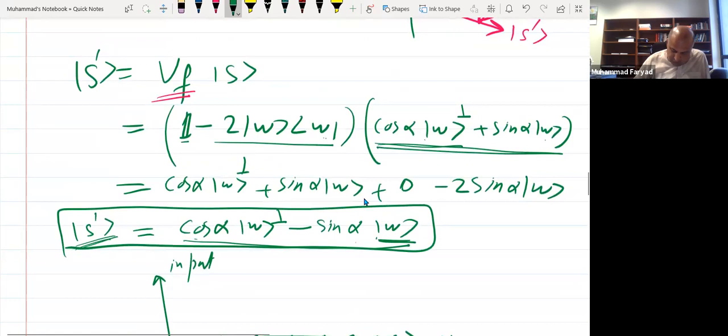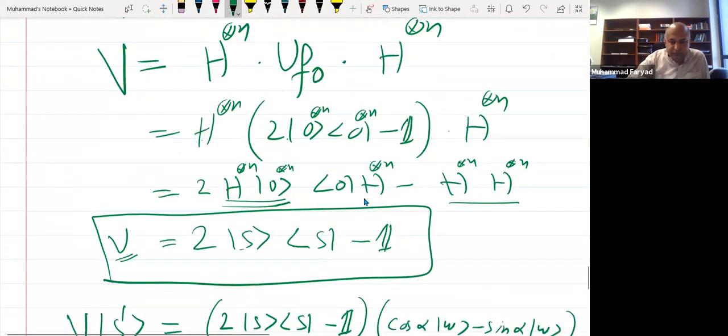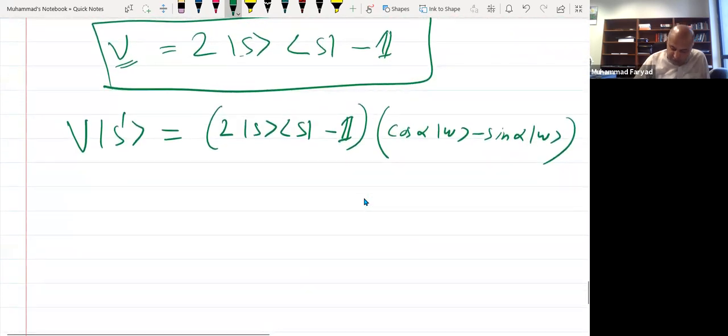So the cos alpha is with W perpendicular, minus sin alpha is with W. Okay, so this is perpendicular.